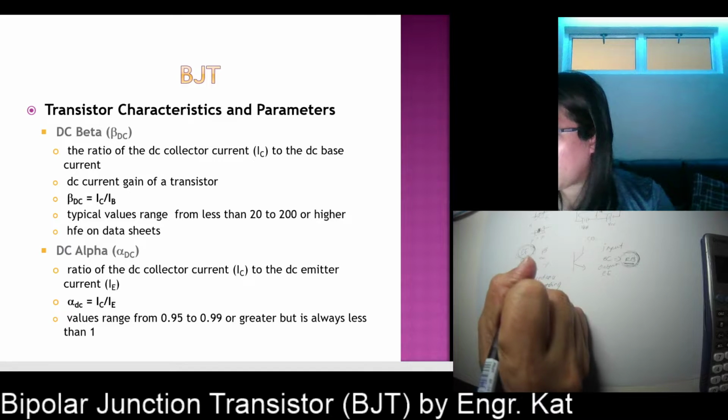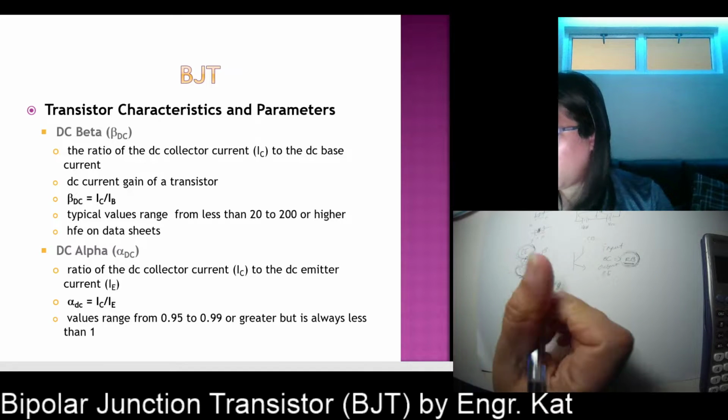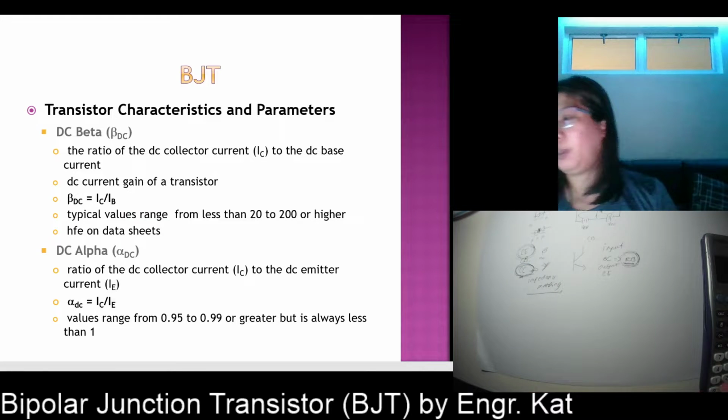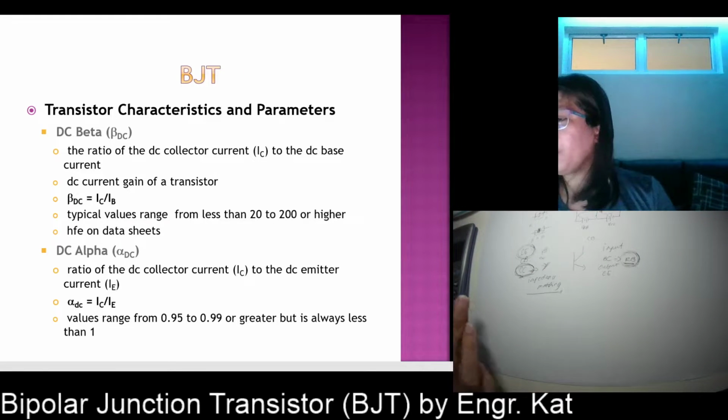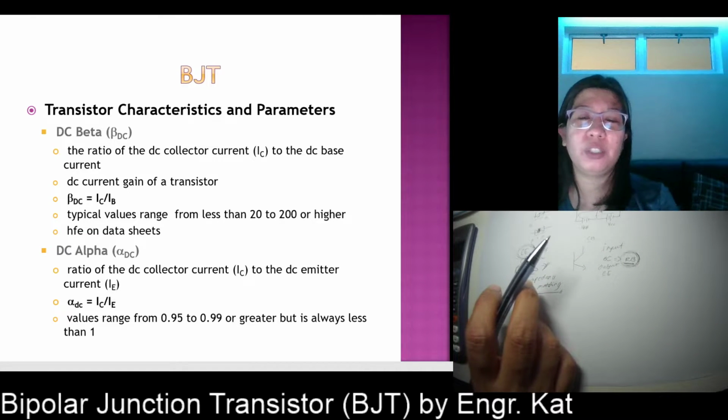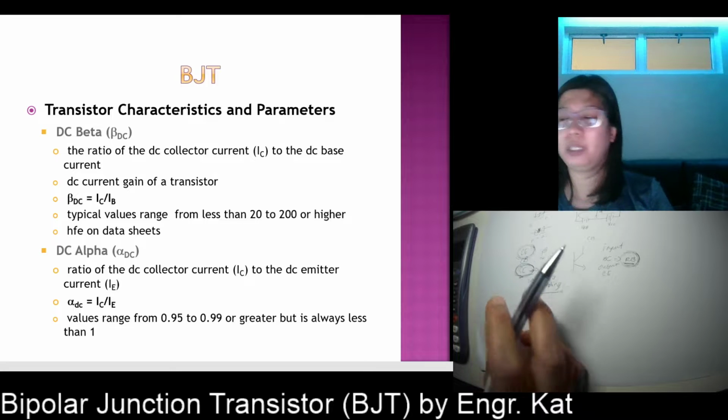However, as I've said, common collector is not usually used, therefore gamma is not often used in the computation. So for beta, common emitter, this is the ratio of the DC collector current IC to the DC base current.